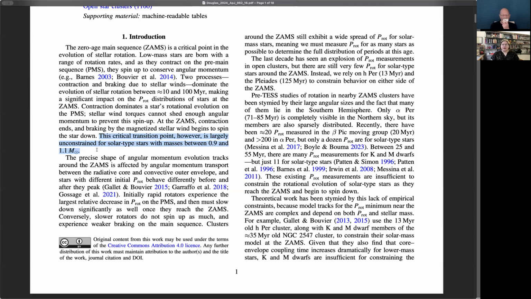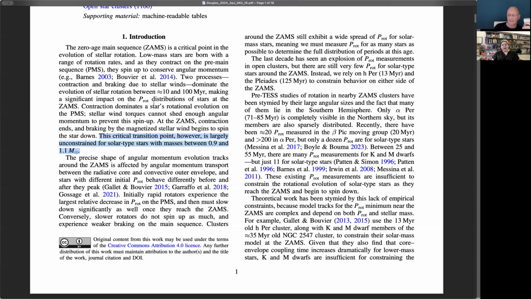This turned out to be kind of funny. I was inspired to do this by Sean Matt telling me, oh, we don't have any constraints at this age. And it turns out there were some in the literature for sun-like stars. Everyone had just kind of forgotten about them or missed them when they were published. Only 11 of them are actually for solar mass stars, roughly.